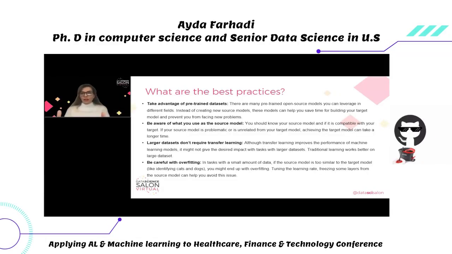Also, a larger data set you can just handle with the traditional models. You do not need transfer learning for that. And also make sure when you are using transfer learning, try to freeze the layers and tune the learning rate to make sure you do not overfit.